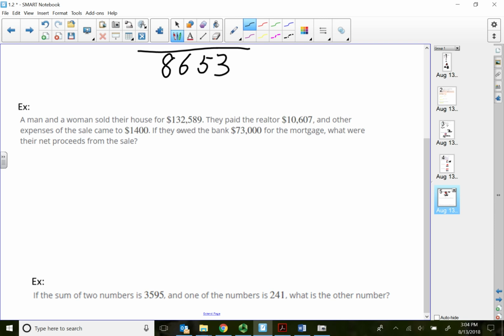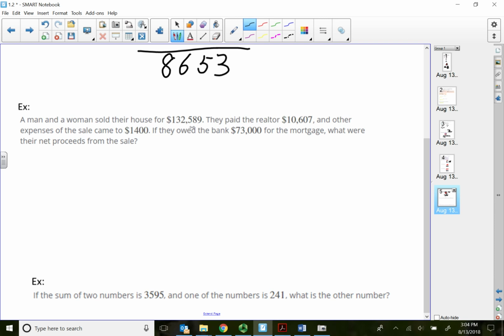So there are different ways we can do this. Some students will just take this big old number and start subtracting the other 3. Some students will add up what we need to pay out and subtract from the total when they sold the house. Whichever way is easier for you, I'm going to add up these 3 numbers that we need to pay out before I subtract.